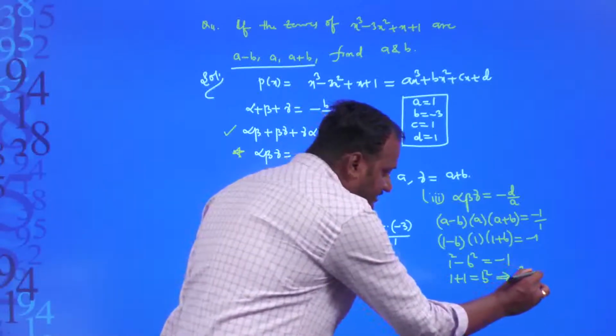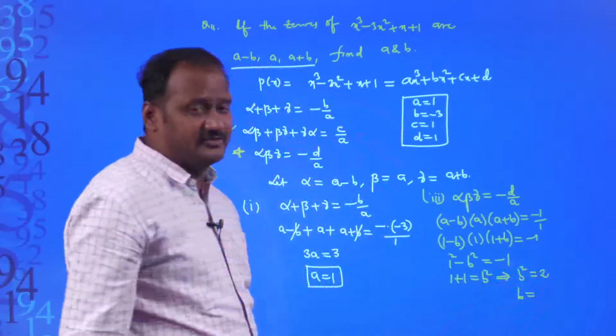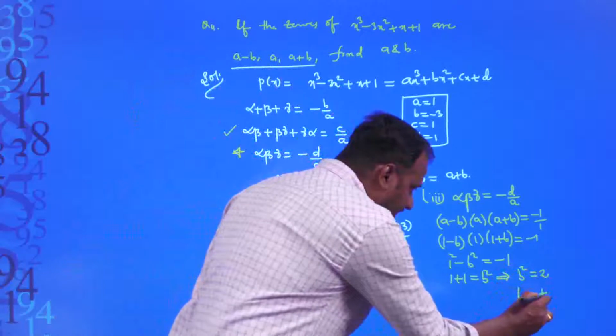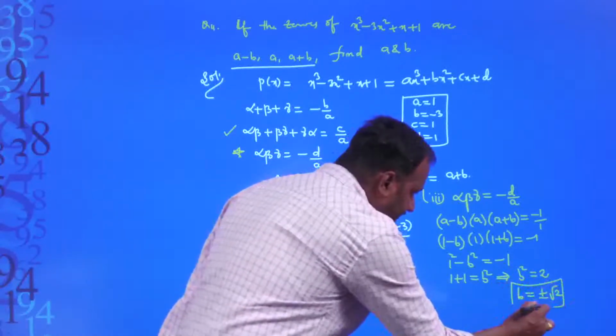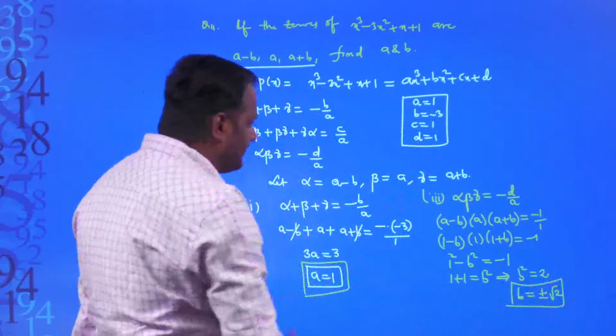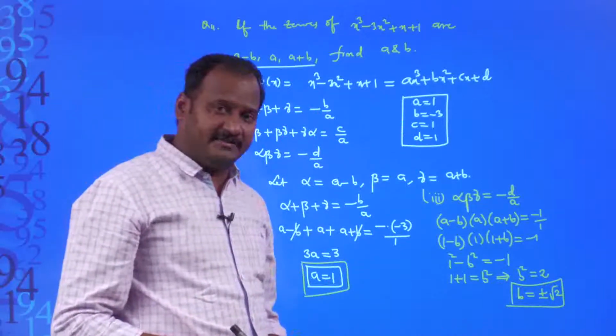If b square is equal to 2, then what is the value of b? Yes, when you remove square, you should put plus or minus. So, therefore, b is equal to plus or minus square root 2. This is the value of b and this is the value of a. This way, you can find out the values of a and b easily.